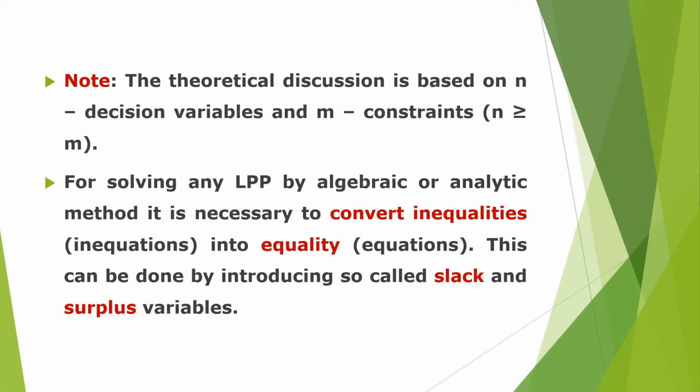The first step is to convert inequalities or inequations into equalities. When you convert an inequality into an equality, that means the inequation gets transformed to equations. This can be done by so-called slack and surplus variables.